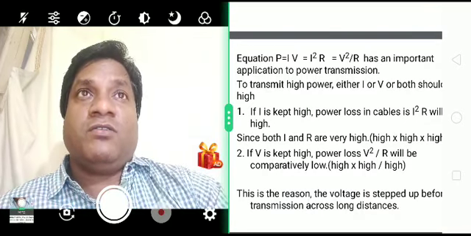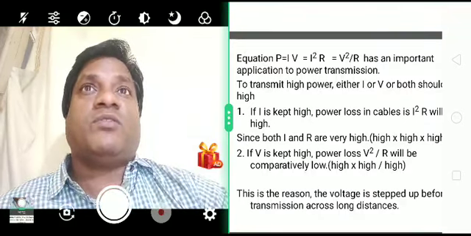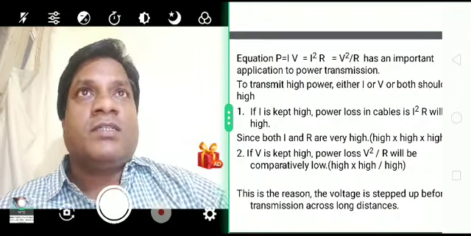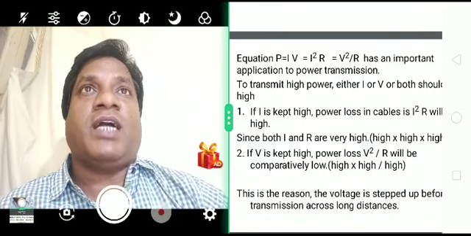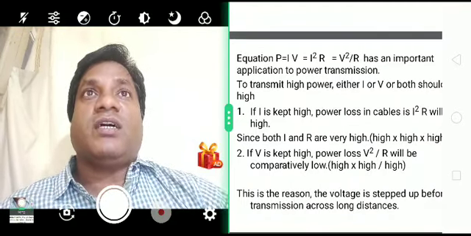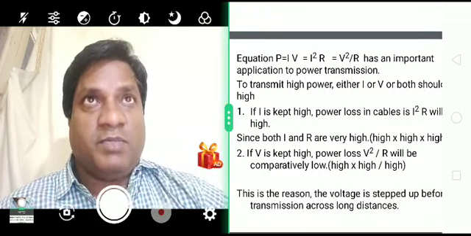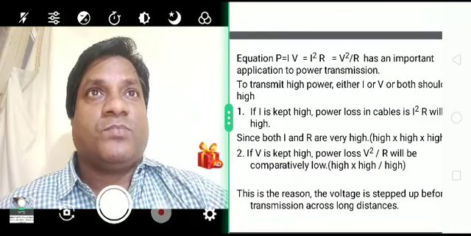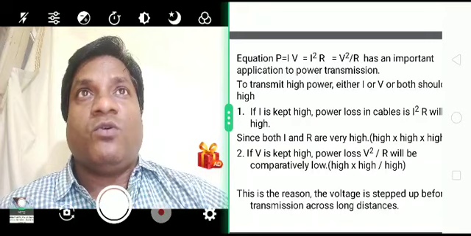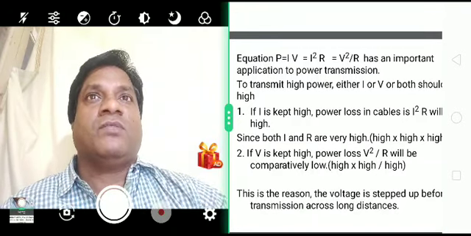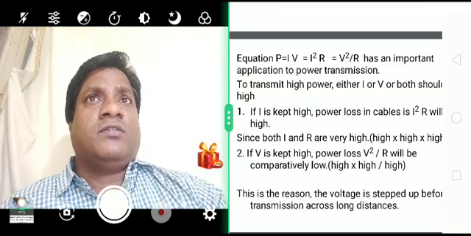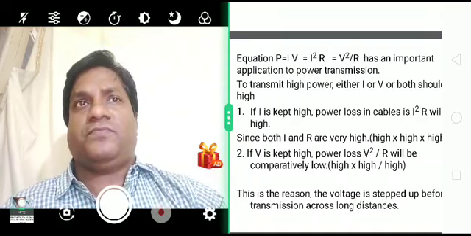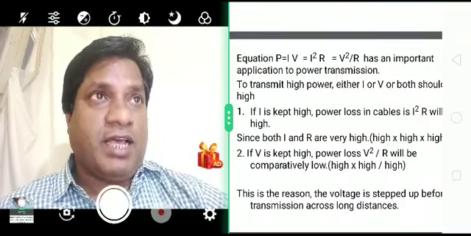When power transmission has to take place and we have to transmit a huge amount of power, since the expression for power P is equal to I into V, a large amount of power can be transmitted if either the current is large or the voltage is large or both are large. Now the voltage is usually kept large.